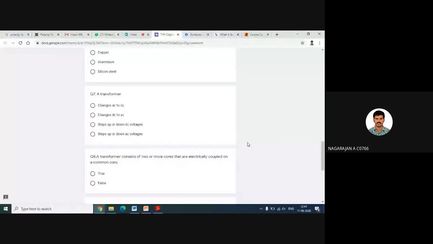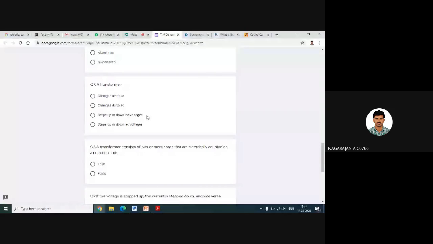The third option is that it steps up or steps down DC voltages. In one class, I will explain what will happen if a transformer is excited with DC supply. If you give DC supply to a transformer, there will be no EMF induced in the secondary side, and the transformer core will get saturated.